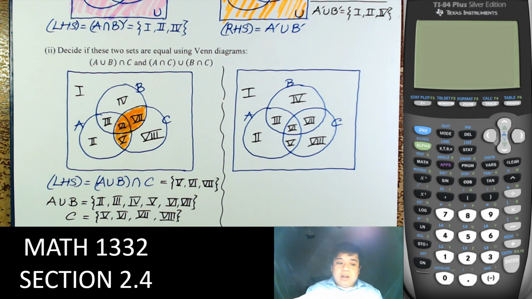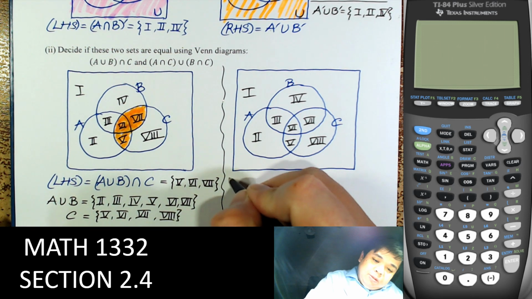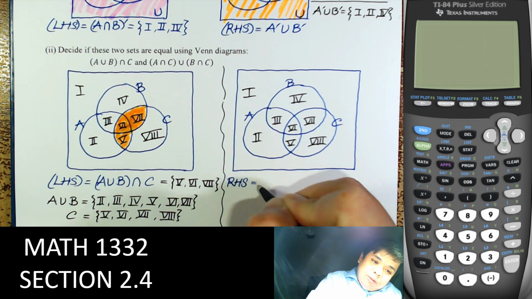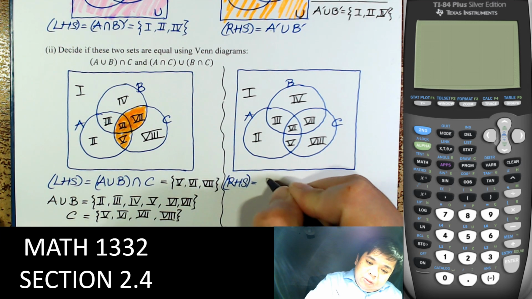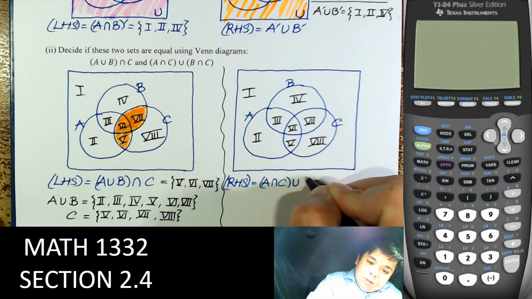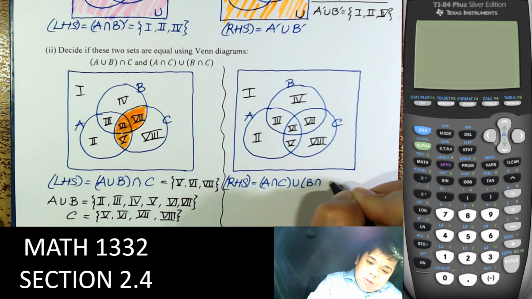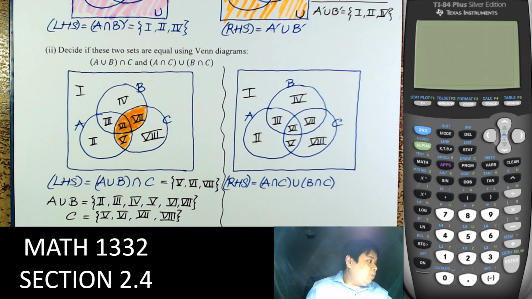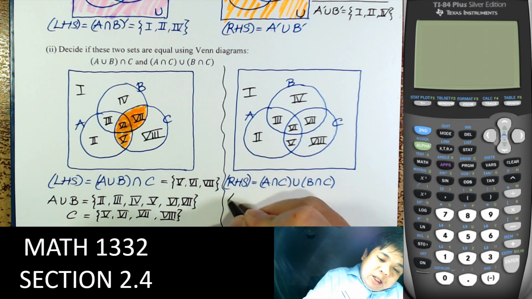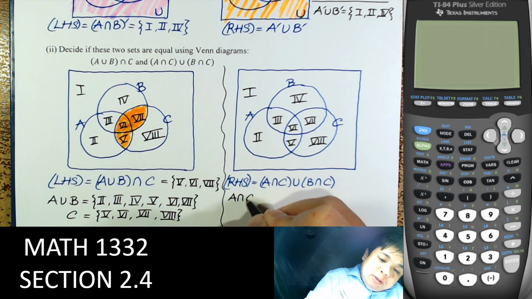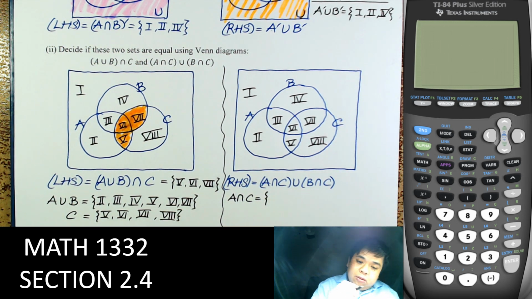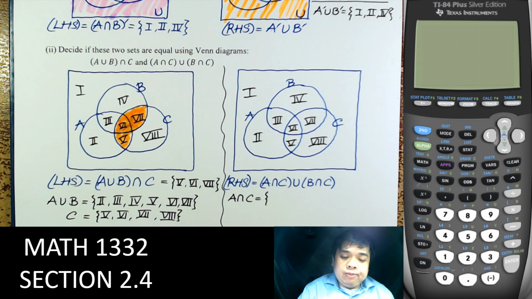Now we'll do the other side. First, A intersect with C. What do A and C have in common?